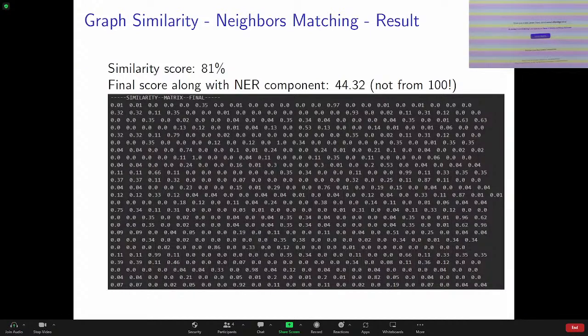When we process the second row, we don't take that column into consideration, and so on. We take the biggest value from each row, and then we make an average. I showed that the similarity score of the requirements "at least 2 years of experience in JavaScript" and "I had experience of 3 years in JavaScript" was 81%, and along with the named entity component it was 44.32 points, but not out of 100, as my colleague will continue.